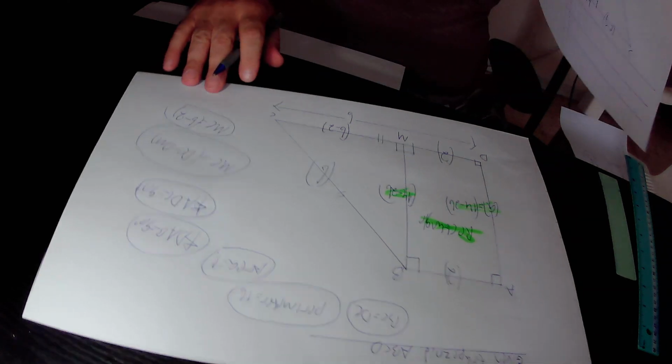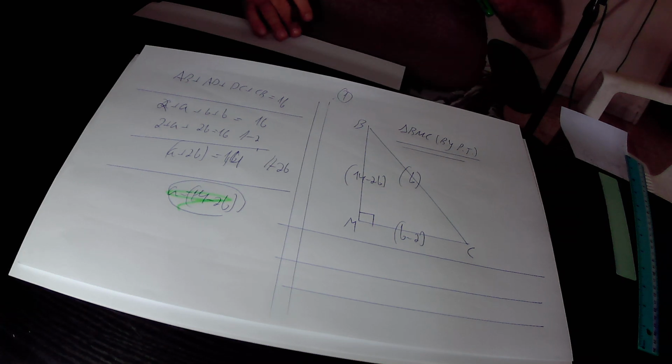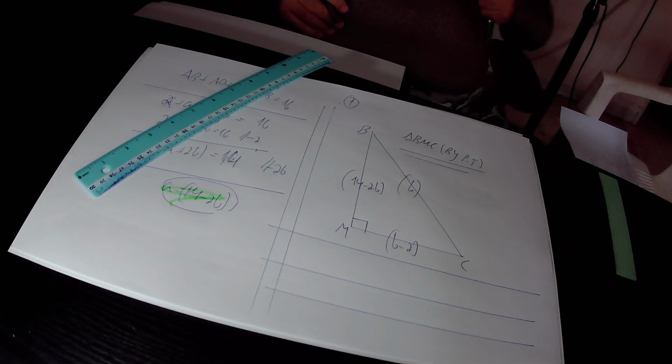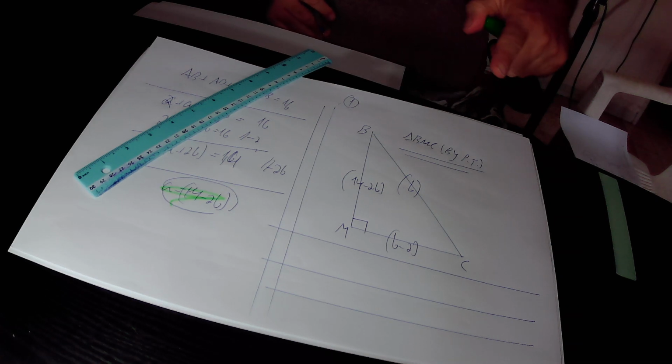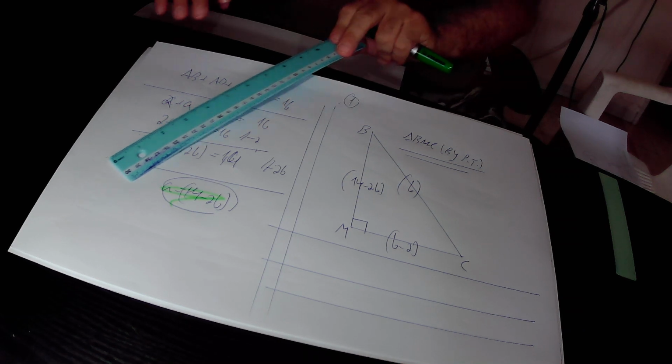So this is the right triangle BMC that I copied from the original drawing. In this triangle BMC, according to the Pythagoras theorem, BC squared, the square of the hypotenuse, equals BM squared plus MC squared. So I write it down.